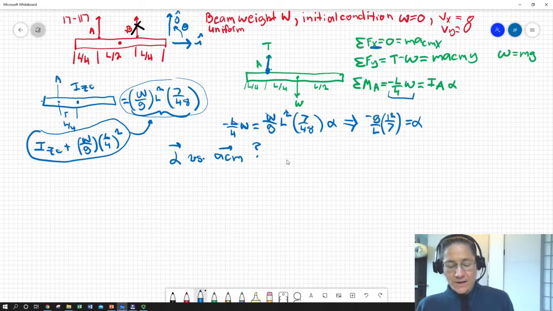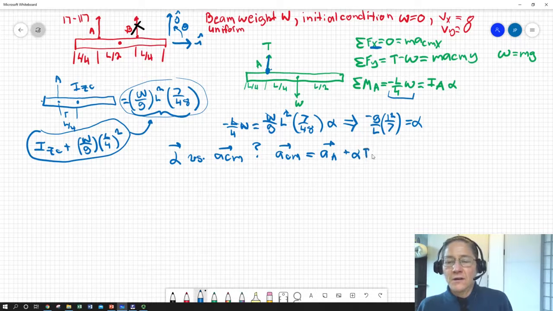So we can basically, if we apply our A_CM equals acceleration of point A plus alpha cross R from A to the center of mass, plus omega squared R from A to the center of mass.